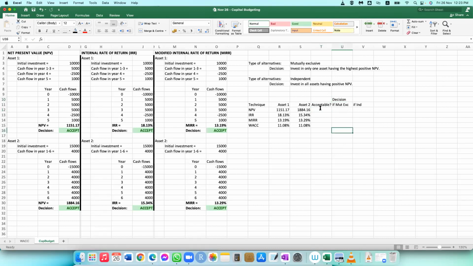Okay, so here it is very simple. If NPV is greater, and we need the acceptable for both actually. So let me insert.